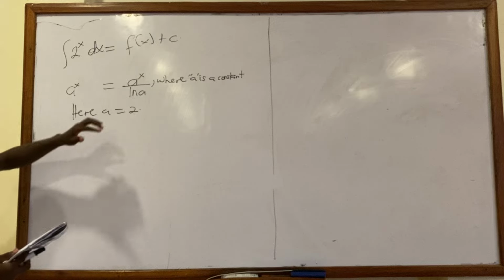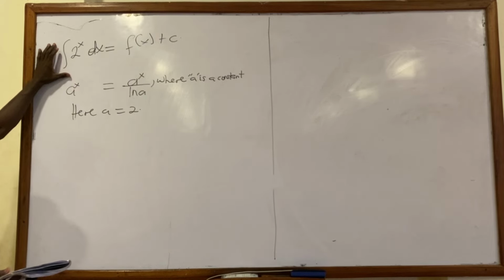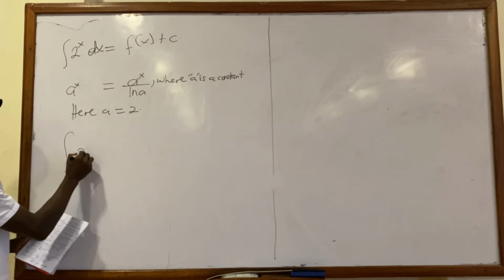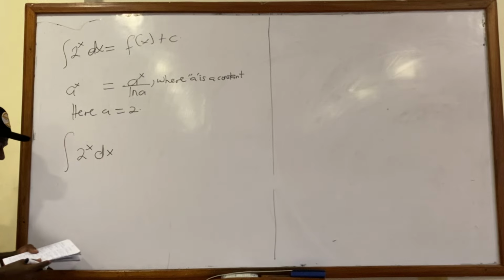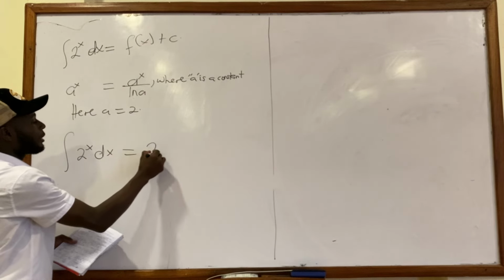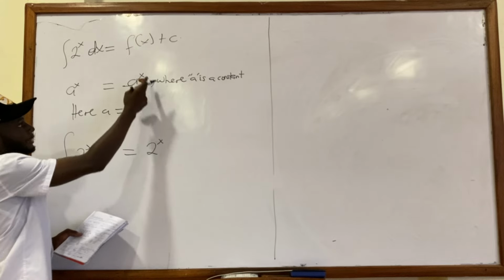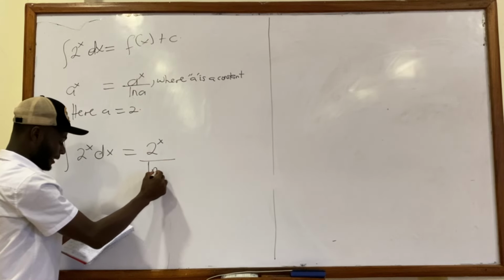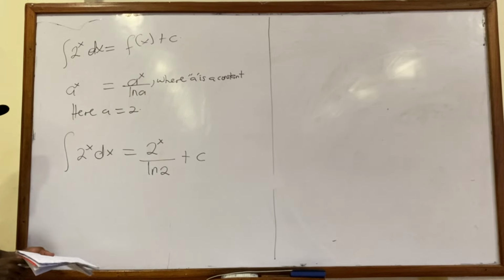So let's apply this knowledge of integration to this function. We now see that the integral of 2 power x dx is equal to 2 power x, where a is the 2 and the exponent is x, all over ln 2 plus a constant of integration.